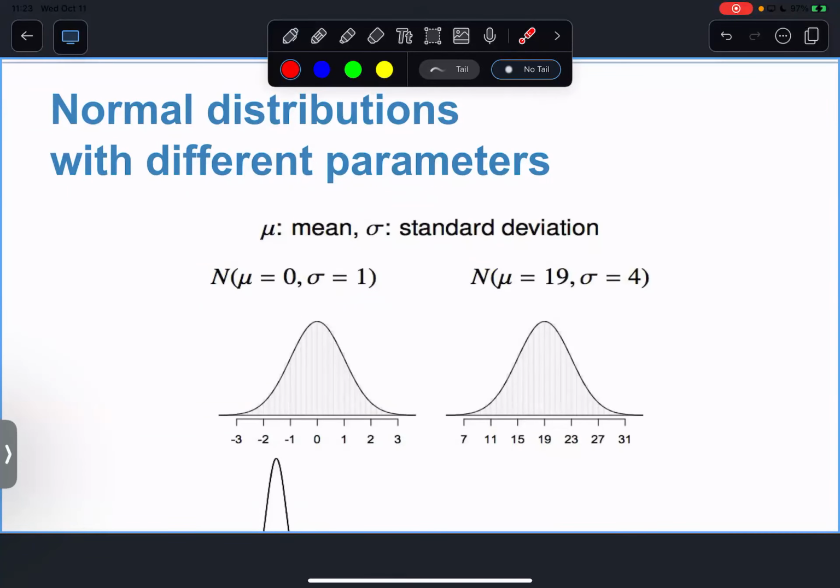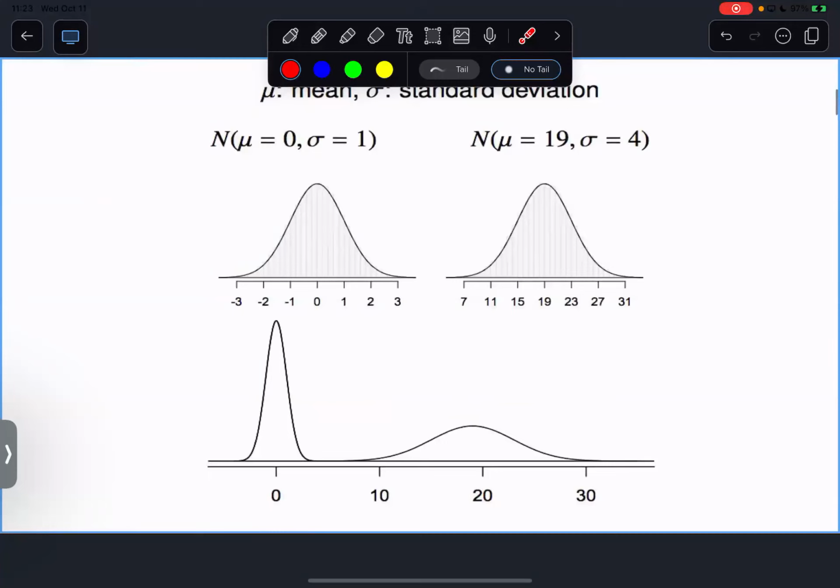So what we're going to be looking at is different normal distributions, and we're going to have different centers, different spreads, right? And so what they're going to look like, even though these look the same, right? How would you describe those distributions?